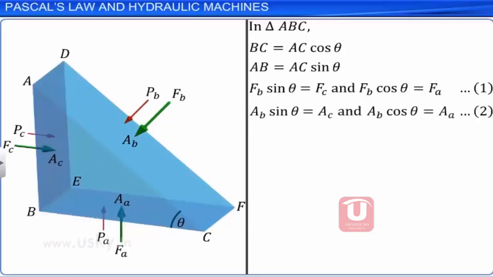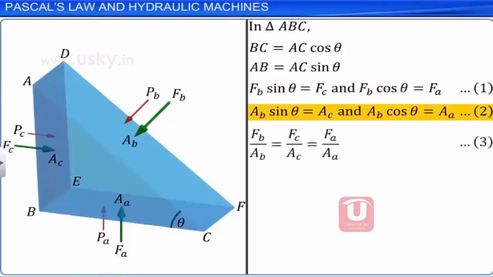Dividing equation 1 by equation 2, we get FB divided by AB is equal to FC divided by AC, which is equal to FA divided by AA. However, the ratio of force to area is equal to pressure. Thus, PA is equal to PB, which is equal to PC.